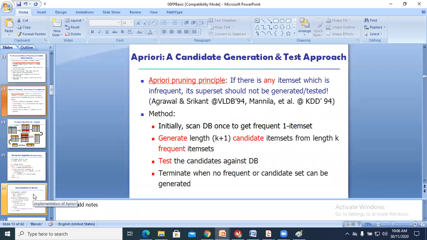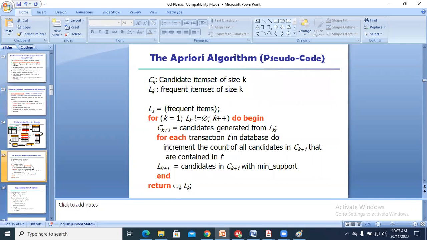For example, CK is the candidate item set of size K, and LK is the frequent item set of size K. Then L1 is the frequent items from which we begin. For K equal to 1, while LK is not empty, we increment the loop, and we have the CK plus 1 candidate list from LK.